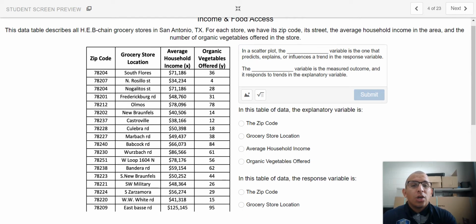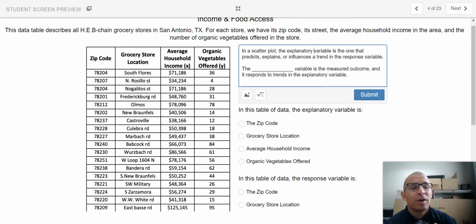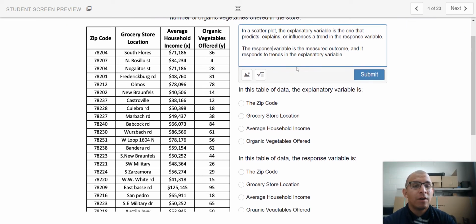In a scatter plot, we say that the explanatory variable is the one that predicts, explains, or influences a trend in the response variable. The response variable is the measured outcome and it responds to the trends in the explanatory variable.